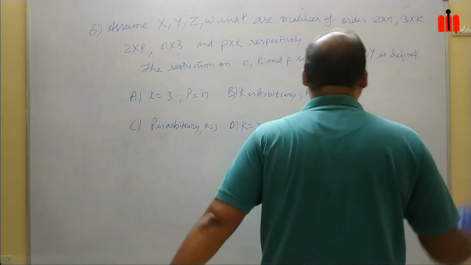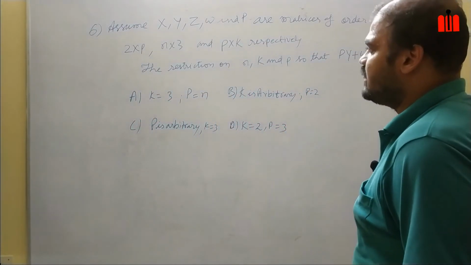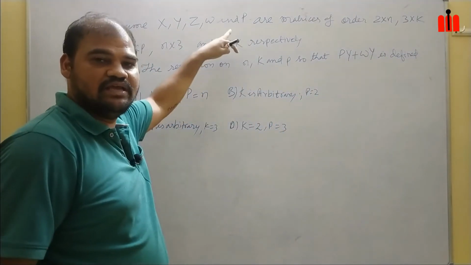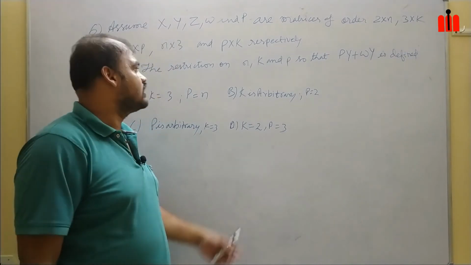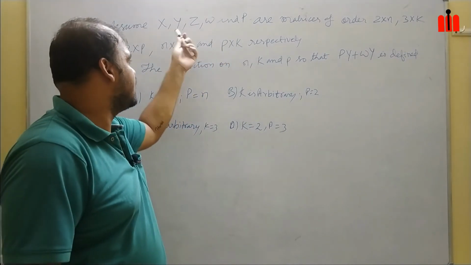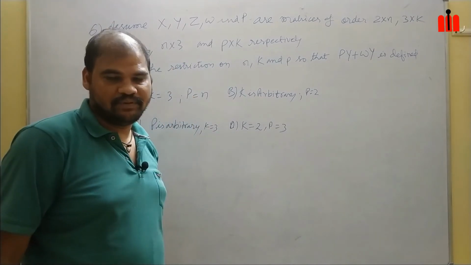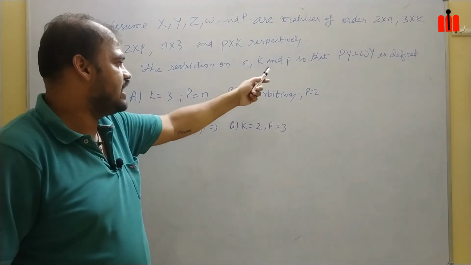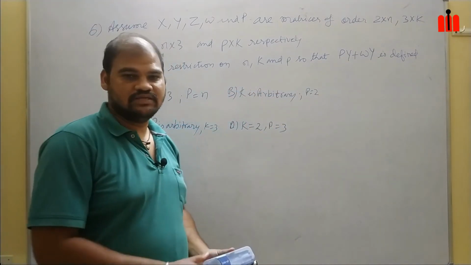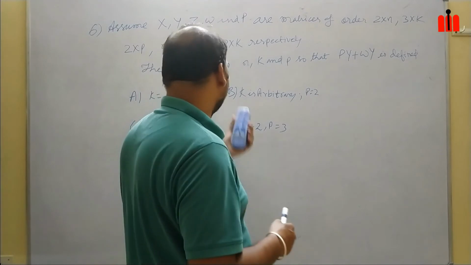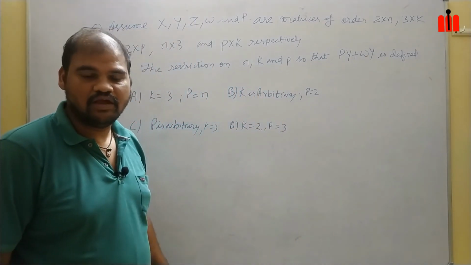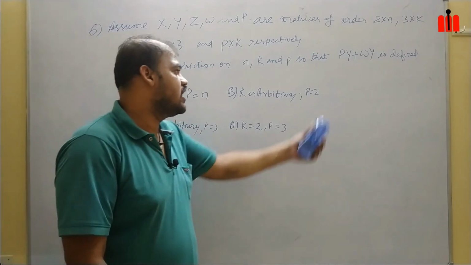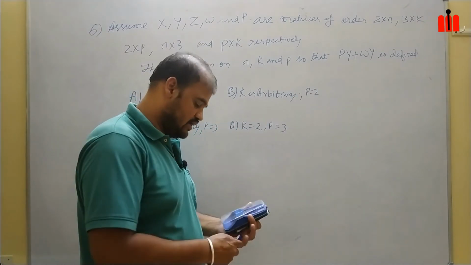X is 2 by N, Y is 3 by K, Z is 2 by P, W is N by 3 and P is P by K. So these are all the orders of X, Y, Z, W and P. Now, the restrictions on N, K, P so that PY plus WY is defined. What values of N, K and P will be there such that PY plus WY will be defined?